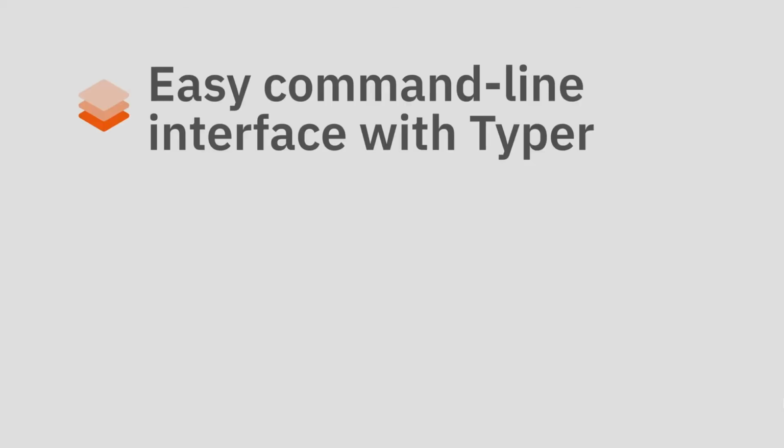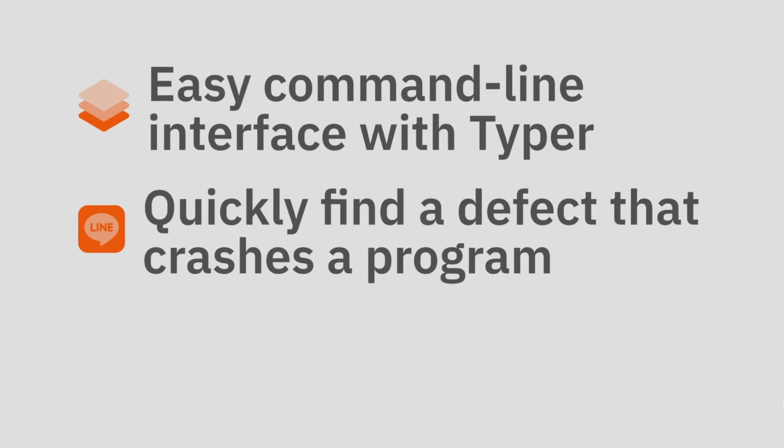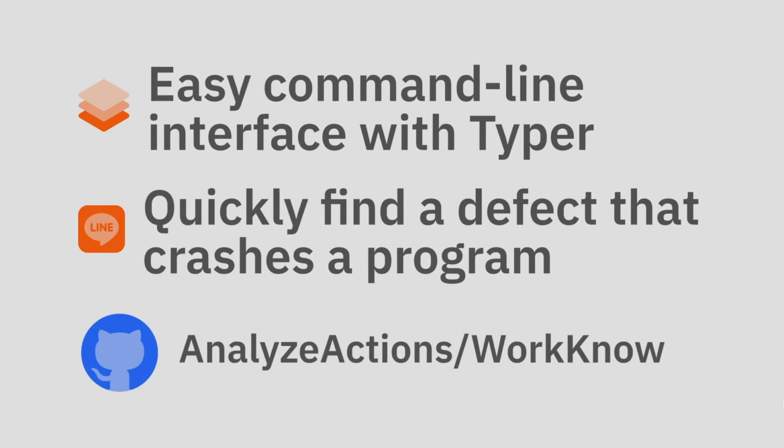In the remainder of this talk, I'm going to use source code and type checker output to tell you two stories. The first is going to be about how to build an easy command line interface with Typer. The second will show how to quickly find a defect that crashes a program. The experiences that I share in this talk took place in the context of building an open source program called WorkNote.